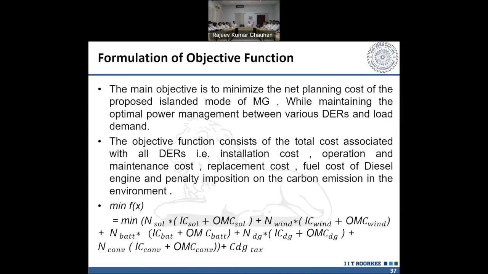For each case, different converters are required. And the last term is the penalty on the carbon. The more diesel we use, the more penalty you have to pay. Here we are just trying to minimize this, to find out what will be the optimal sizing of each plant.